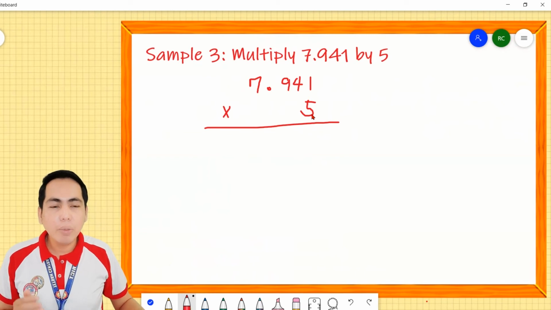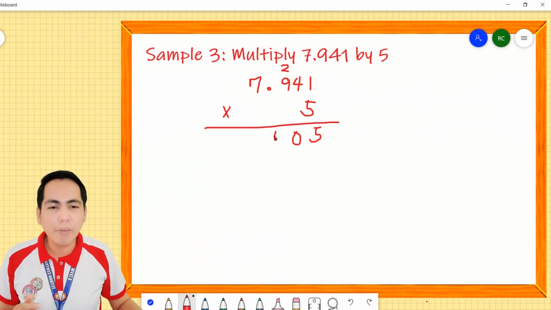So we can start multiplying this 5 to the first digit, which is 1. So 5 times 1 will give us 5. 5 times 4 is 20, so 0, regroup 2. 5 times 9 is 45 plus 2 is 47. 5 times 7 is 35 plus 4, we have 39.